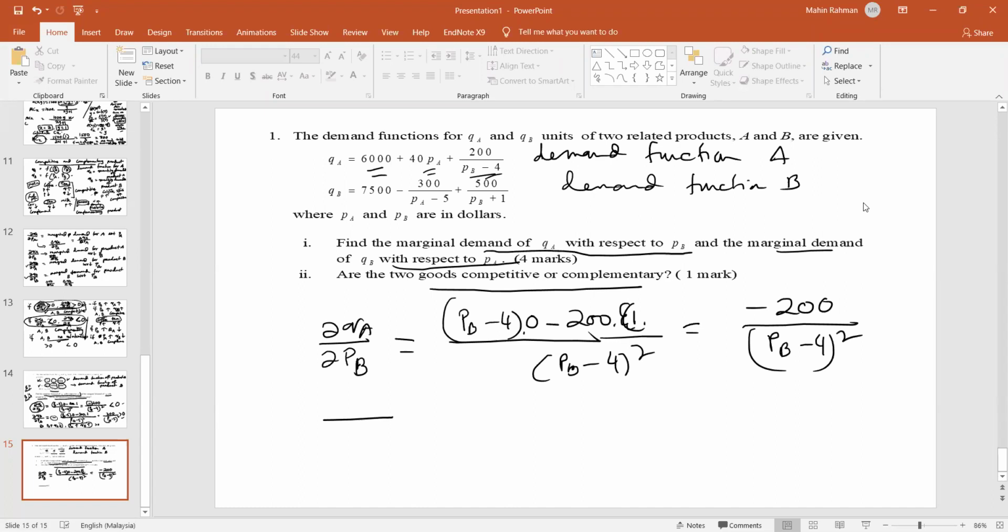And then you have to find out the marginal demand of product B with respect to the price of product A, delta QB by delta PA. This will be 0.